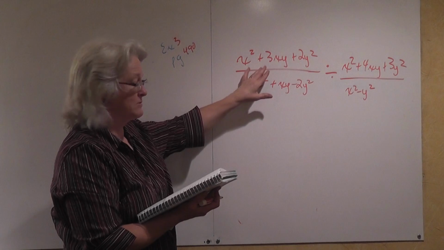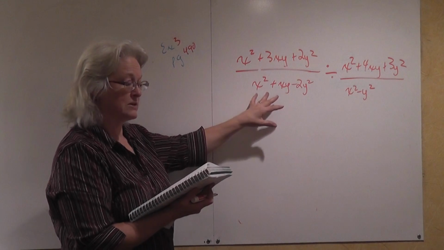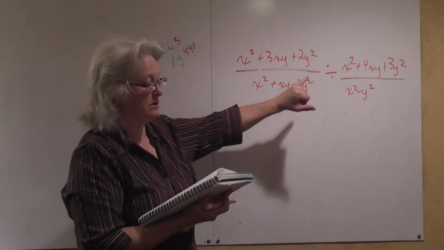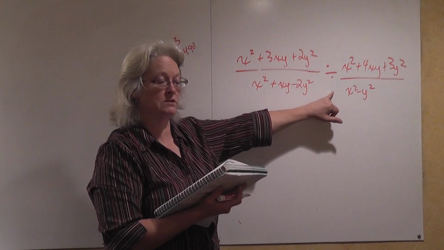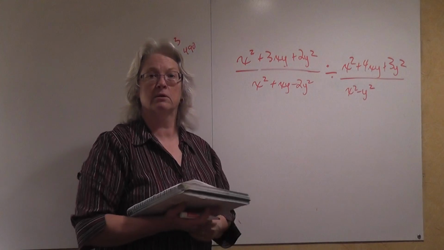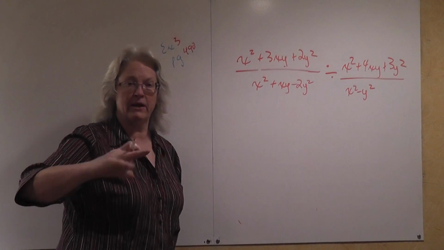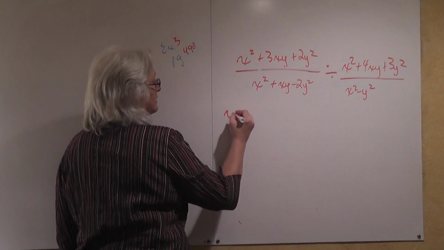X squared plus 3xy plus 2y squared, x squared plus xy minus 2y squared divided by x squared plus 4xy plus 3y squared, x squared minus y squared. This time I am going to show where I've simply inverted the divisor.